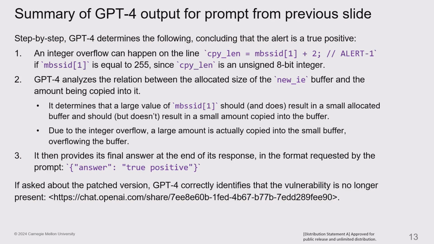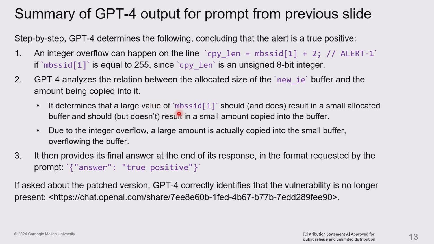So what does GPT-4 do in this case? Well, it actually explains its reasoning. On this line that defines copy line, it says, oh, this MB SSID subscript 1, if that is equal to 255, then this arithmetic here will overflow because it's only an 8-bit integer. Then it looks at the relation between the size of the allocated buffer compared to the size of the data that's being copied into the buffer.